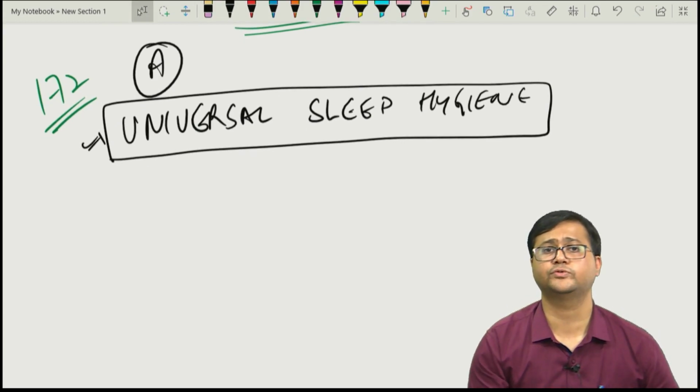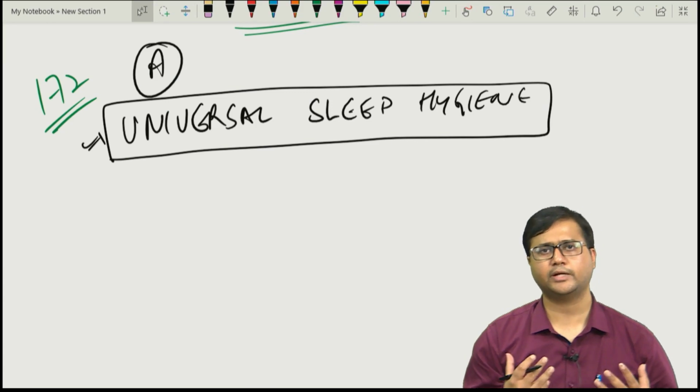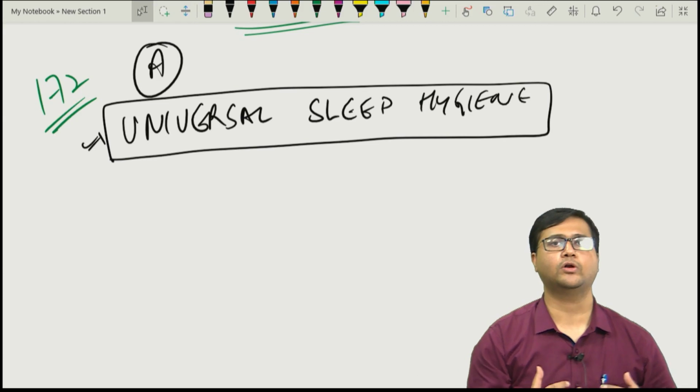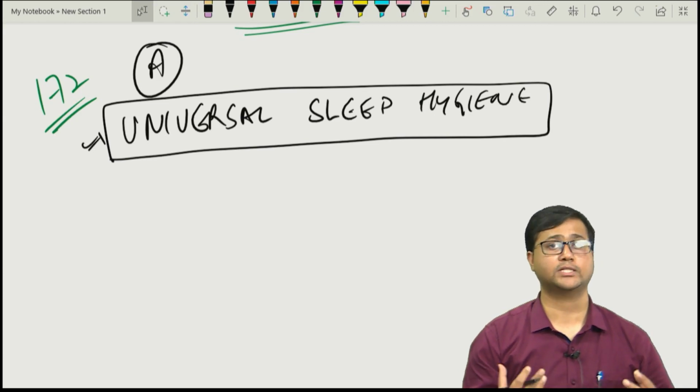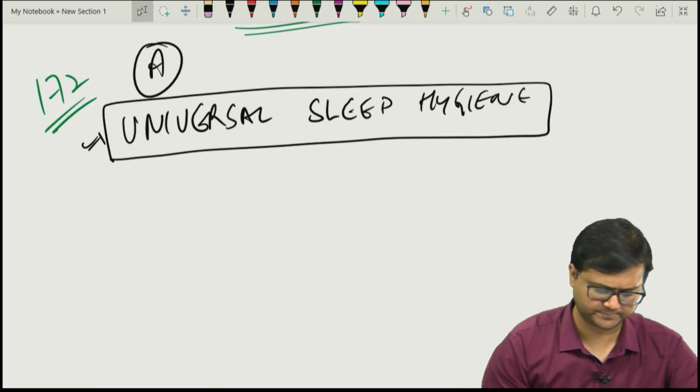Now, what is universal sleep hygiene? Basically, it is certain environmental modifications and certain habit modifications which, if we all make, may help us to improve our sleep. So even normally, as well as people having some sleep disorders, it will help all of us.